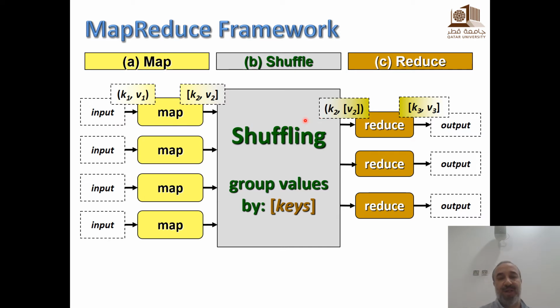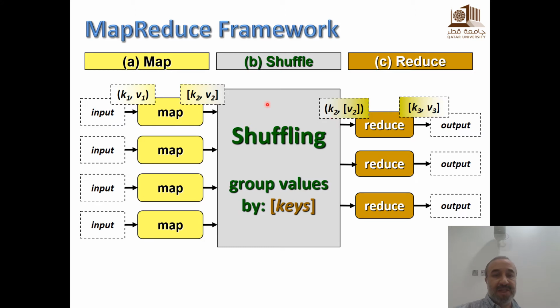So the reduce function now will take one key and a list of values and produce whatever it wants to do with this pair, which can possibly be completely different types, K3 and V3, and can be a list also. It can be 0, it can be 1, it can be 100, it depends on the data and the application. And eventually, this output will be written to disk, and will be the final output.